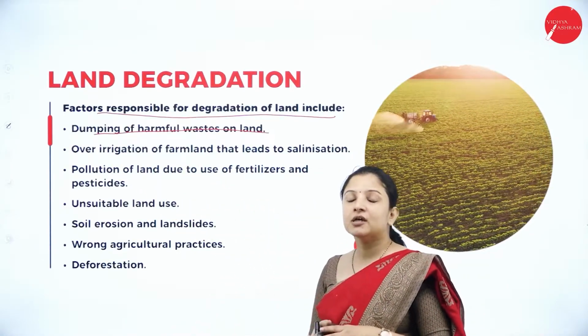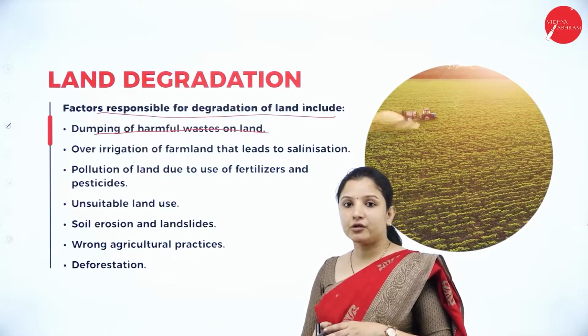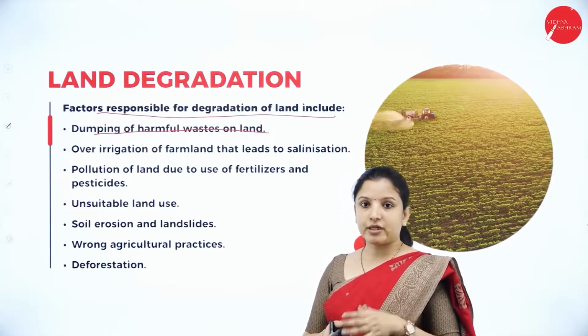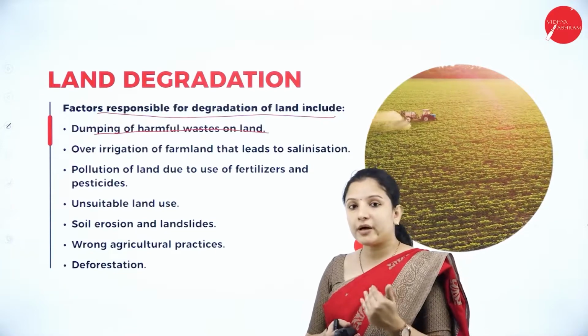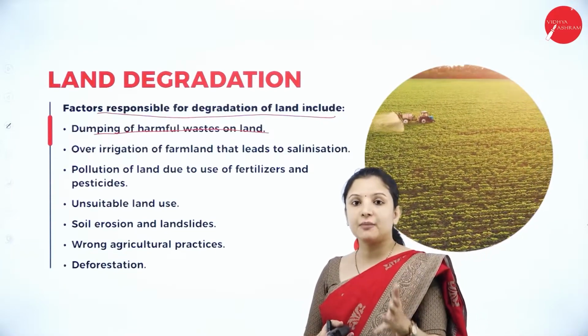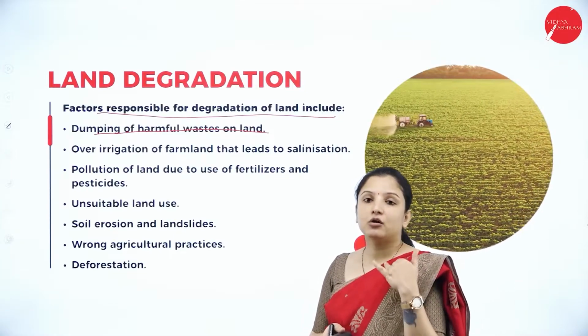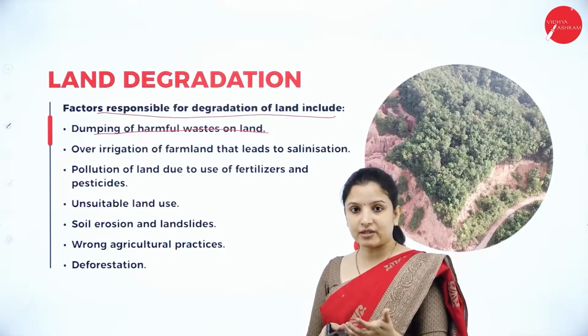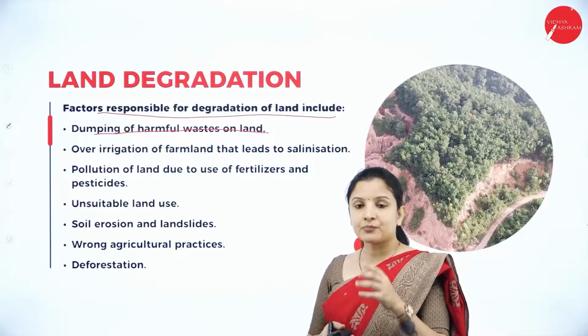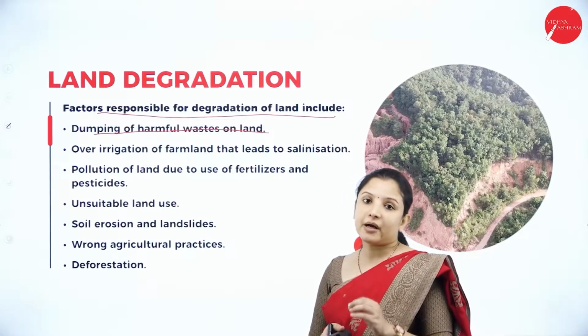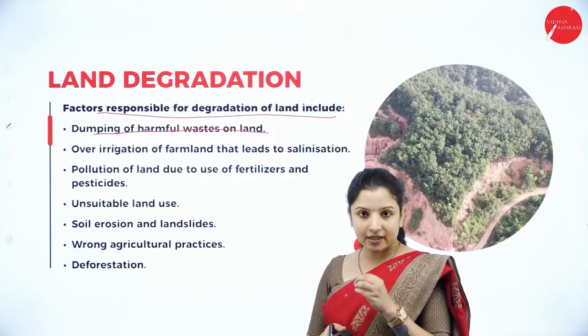So industries, households and all that, along with the biodegradable waste, all the non-biodegradable waste is also dumped into the land. These non-biodegradable wastes release a lot of toxic chemicals into the land, which actually causes the death of the useful microbes that are there in the soil.